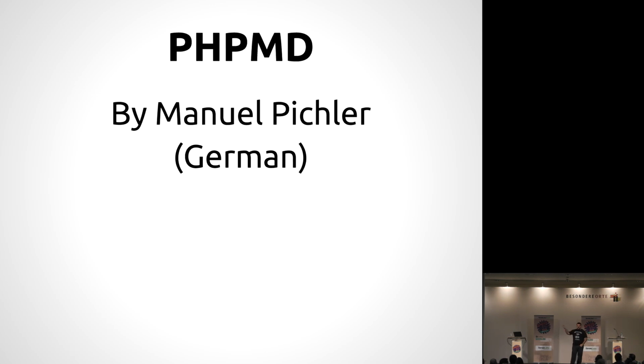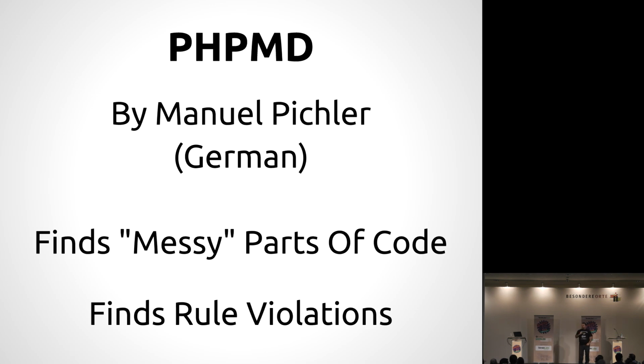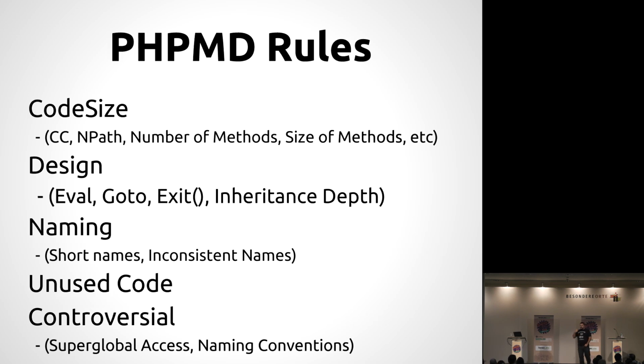There's one more tool I'd like to talk about, which is PHP Mess Detector, which, like it sounds, detects messy code. Basically it's a rule engine. You have a series of rules: code size rules, code complexity rules, design rules and naming rules, and you can conditionally choose what rules you want your code to follow.